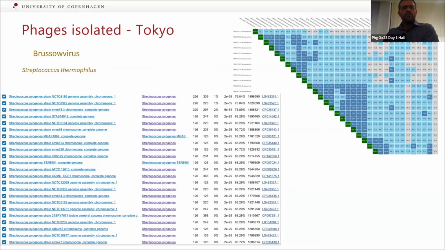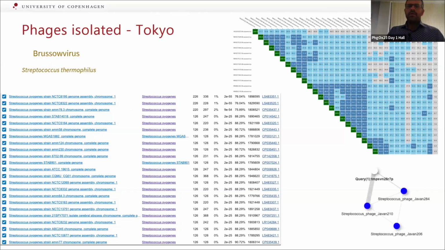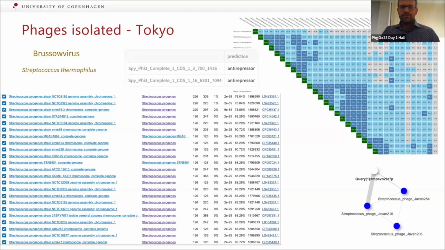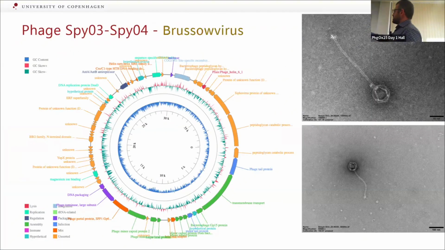The family of this virus is a little bit more common in Streptococcus thermophilus, for instance. Again, trying to cluster it with similar phages, we identified that it is probably a temperate phage, and so also not a good phage for therapy. Here you see again the genomic analysis, it is also another CIFO, and the whole genome is sequenced.